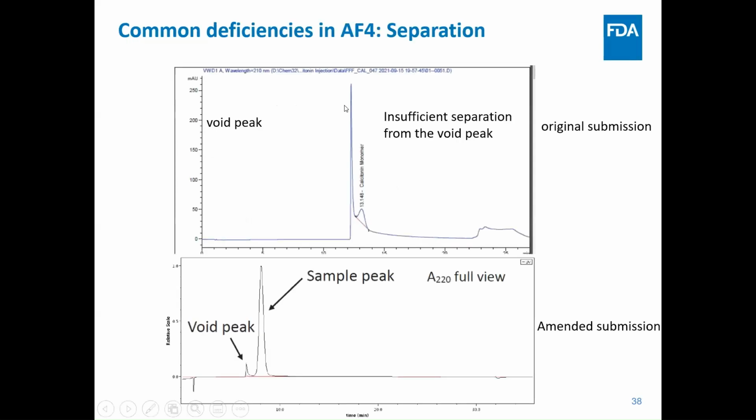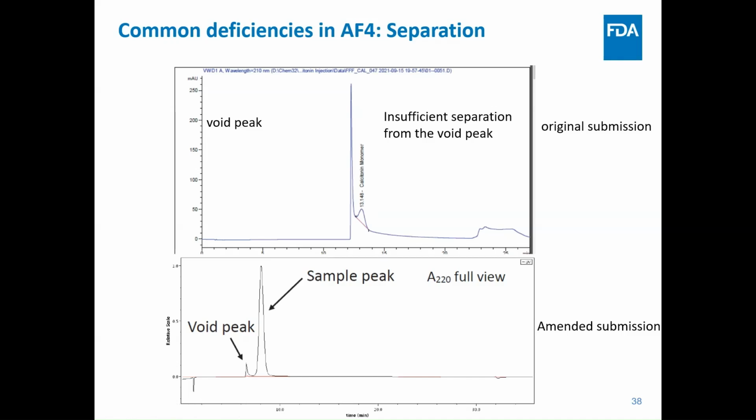So the first deficiency we have noticed in the application is insufficient separation. In AF4, there's always a peak called the void peak at the beginning of the elution. This void peak contains a small amount of unseparated sample, the one that directly elutes without any separation.